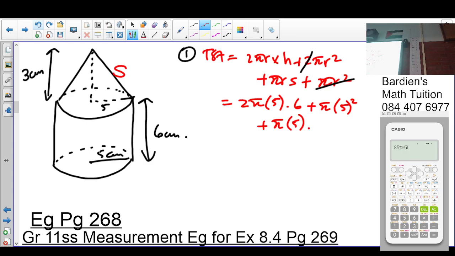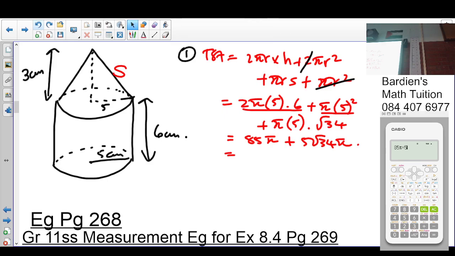So the slanted height squared is equal to 3 squared plus 5 squared. 3 squared plus 5 squared is 9 plus 25, which is 34. So the slanted height is going to be the root of 34. You all agree with that? So that will simplify into 160 pi plus 25 pi, 160 plus 25 is 185 pi plus 5 root 34 pi.